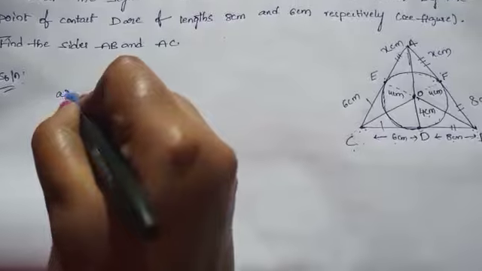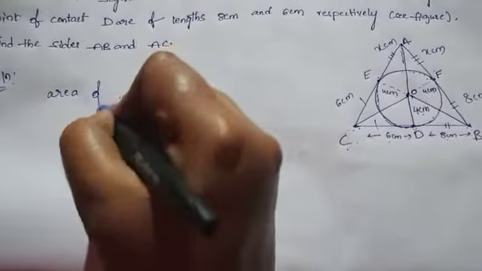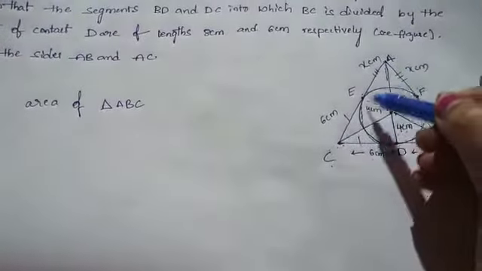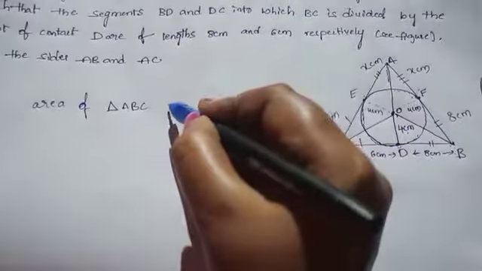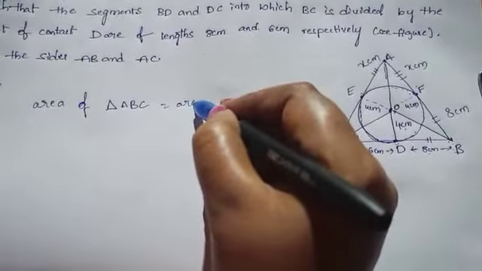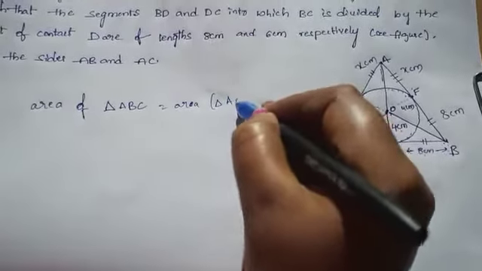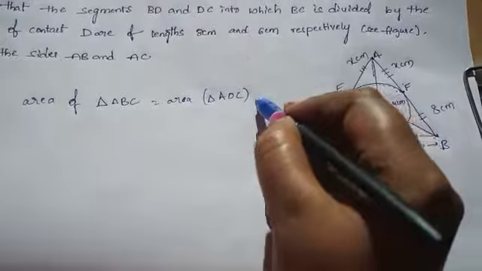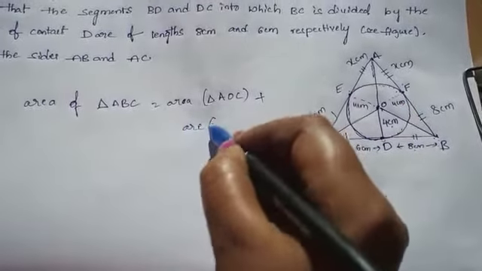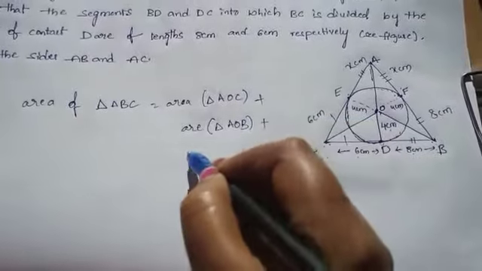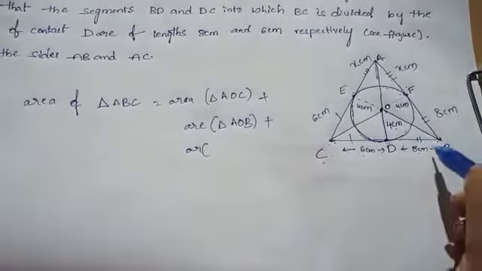Area of the big triangle ABC equal to area of triangle AOC plus area of triangle AOB plus area of triangle OBC.